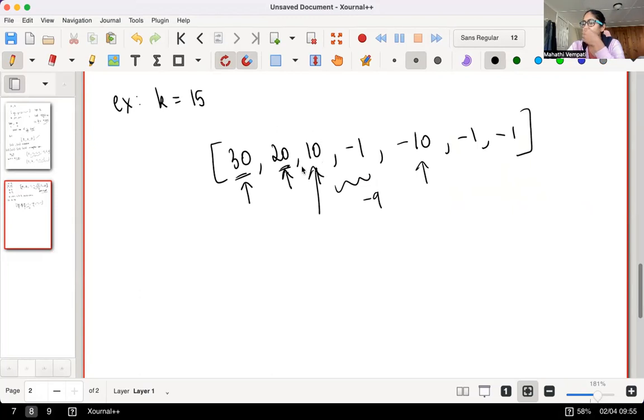So n minus next gives me this value. N minus next plus extra minus 1. V of n minus x plus extra minus 1.